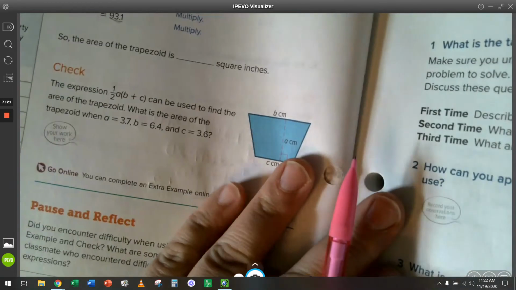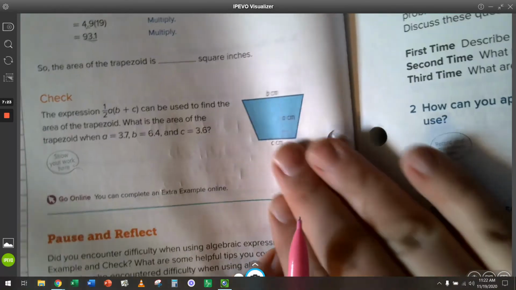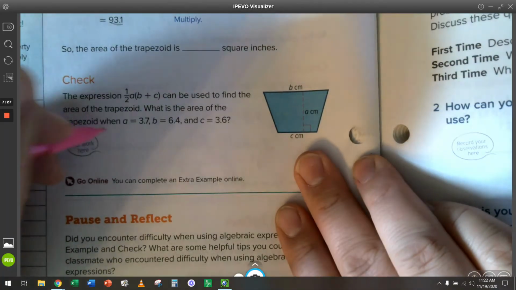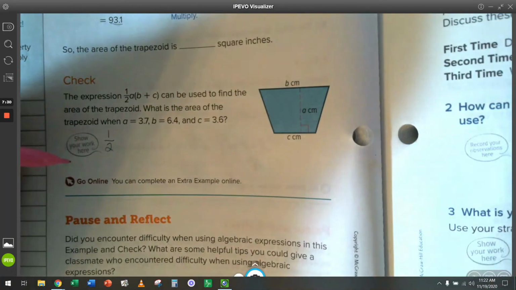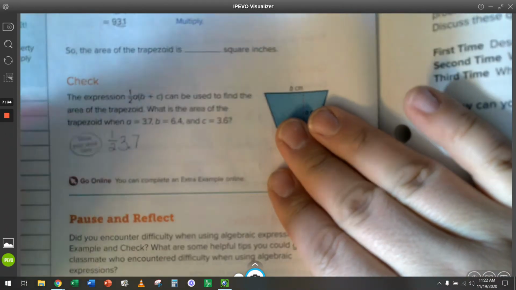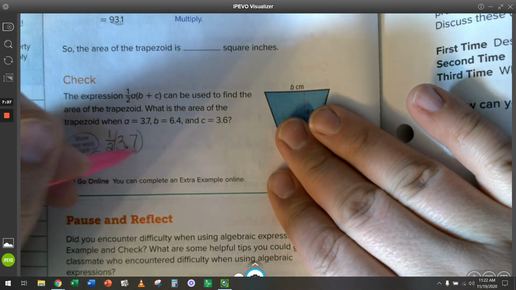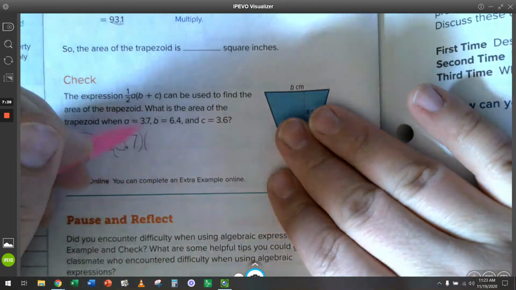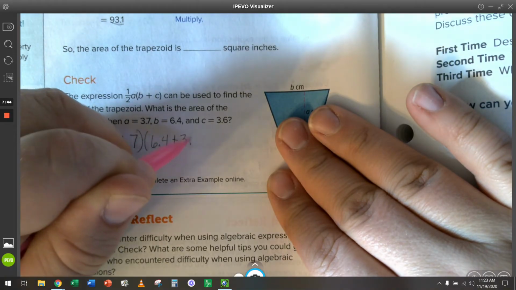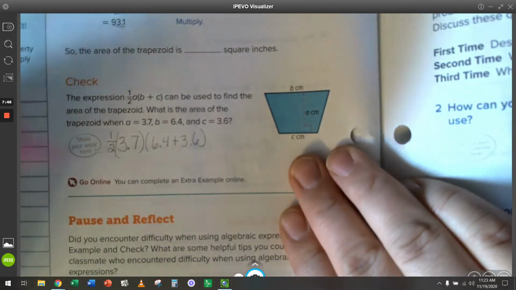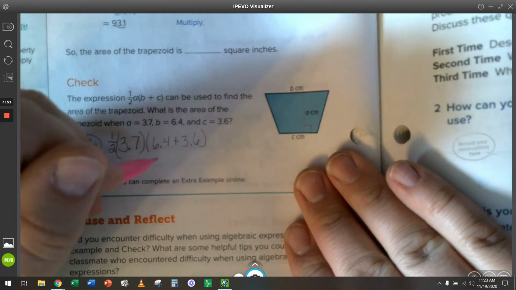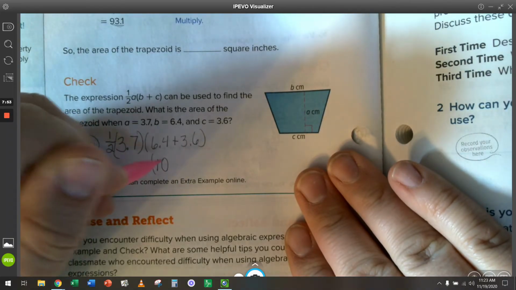We're going to do the same thing for your check. Remember, you can use calculators. I am okay with that. So once again, pause your video and go ahead and solve. I'll help you set up the problem if you wish. So we're going to take 1/2 of 3.7 times 6.4 plus 3.6. Start with what's in the parentheses. 6.4 plus 3.6 would become 10.